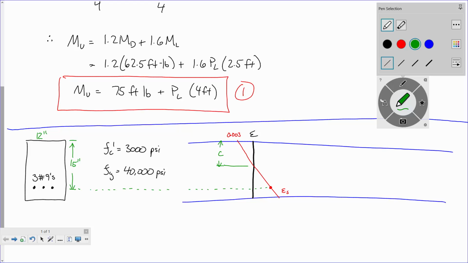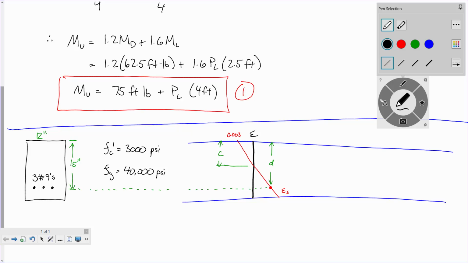And then this distance here, that is d. Sorry, I'm getting my distances backwards. I'm jumping ahead of myself is what I'm doing. All right, so far so good?